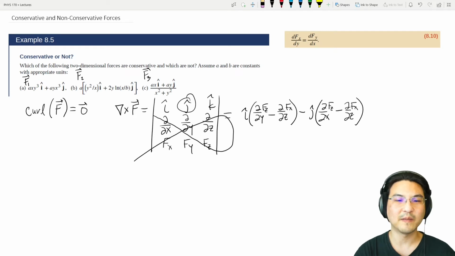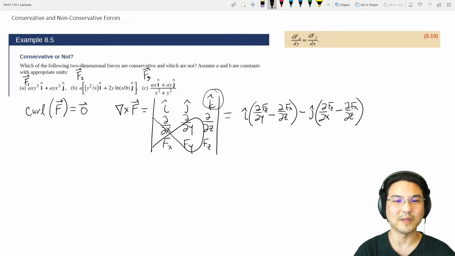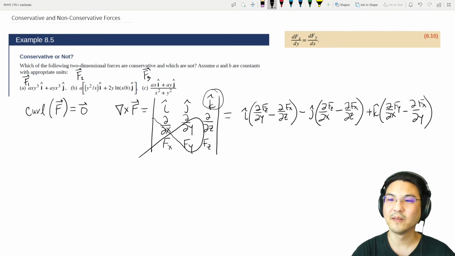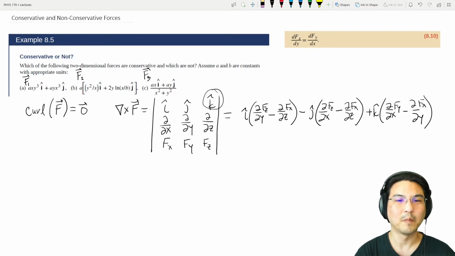Okay, and then in the k direction, this times this minus this times this, so d by dx of Fy minus d by dy of Fx. Okay, so that's it. That's how you do the curl.